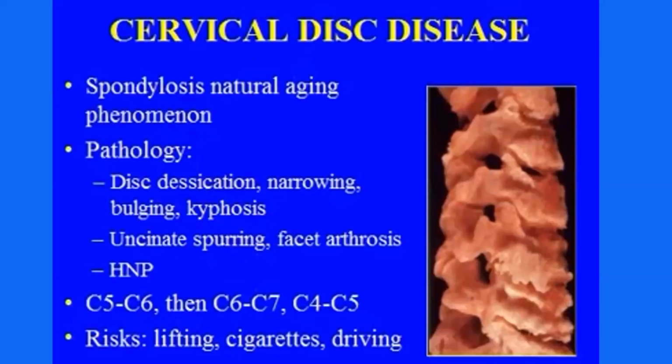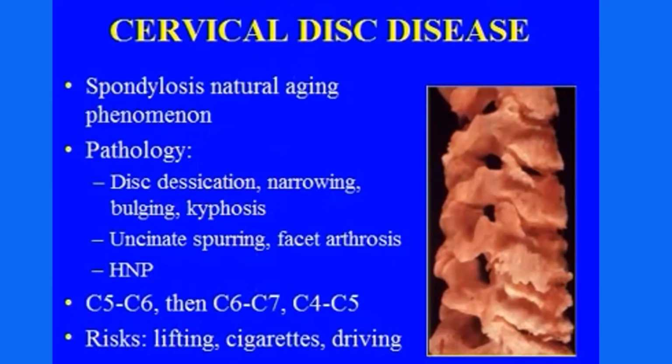Now we know that in the cervical spine, taking it naturally throughout the years, the most common site for a disc to occur is C5, C6. The second commonest is C6, C7. And the last is C4, 5.